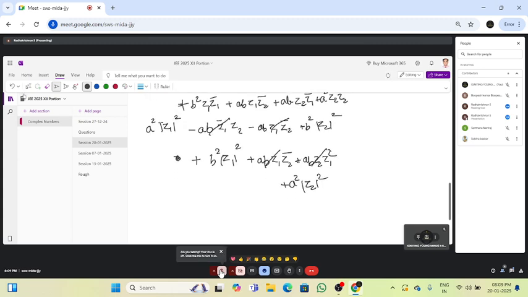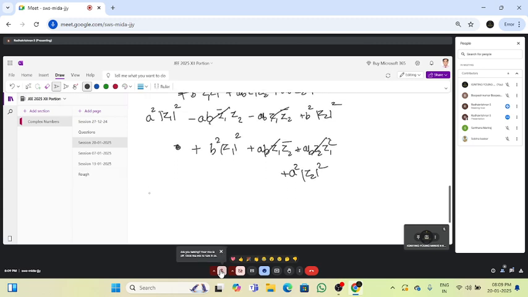What remains is only A square Z1 square plus B square Z2 square mod, plus B square Z1 square mod plus A square Z2 mod square.